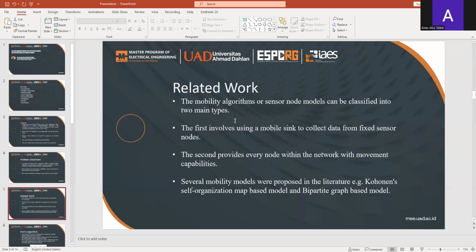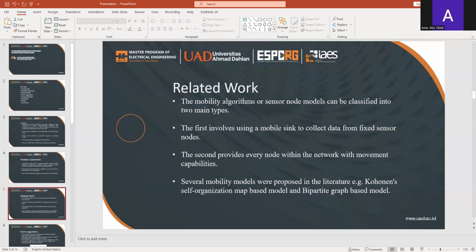After that, when this period expires, the movement period is initiated, and the mobile sync will start moving to a new location based on the algorithm used to construct the mobility model. Upon arrival at the new location, the mobile sync will enter the pause period again, and so on.